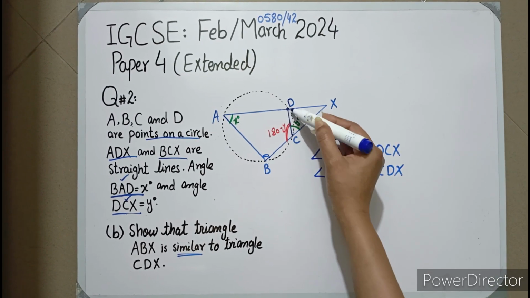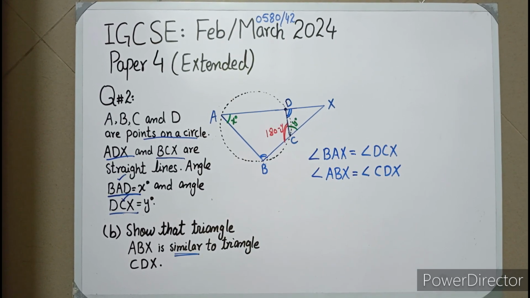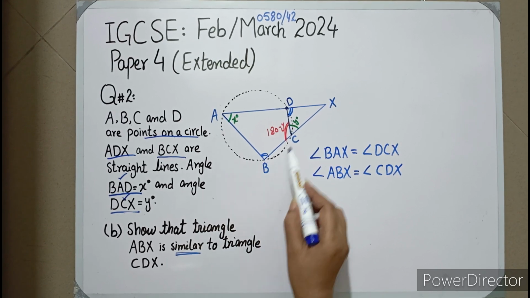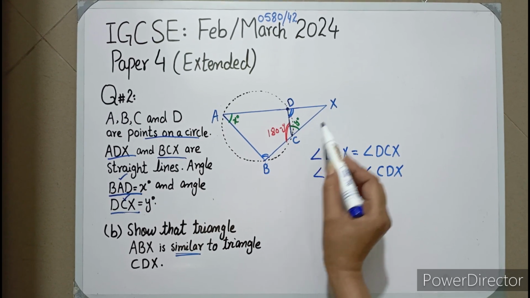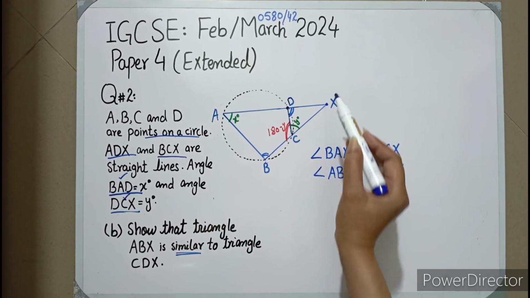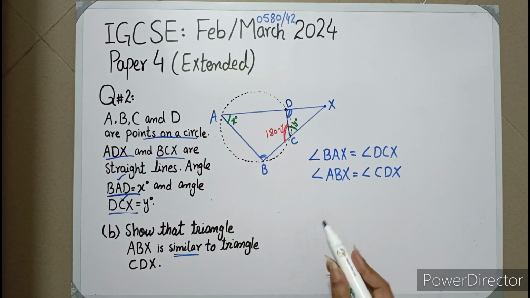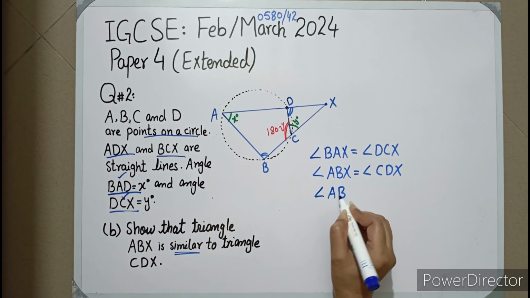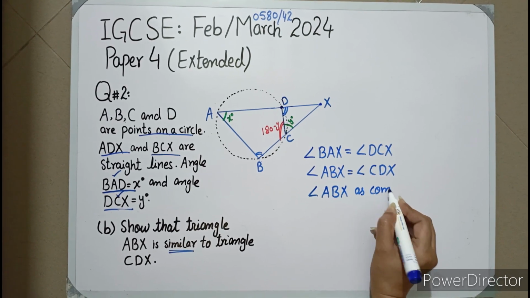That is, CDX angle is going to be formed over here. Furthermore, as we know, both the bigger triangle ABX and the smaller triangle CDX have the common point X. You can say that we are having angle X as a common angle.